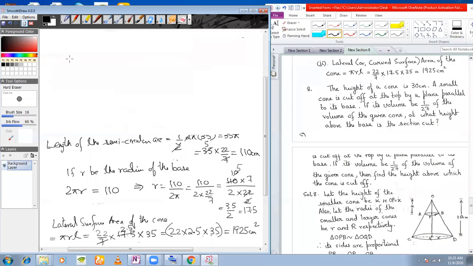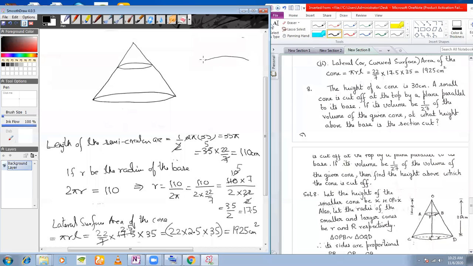Say you have a cone, and with scissors you cut out this part. Just cut the top part. What is the kind of solid that you obtain?